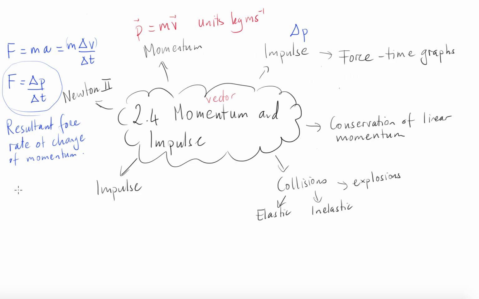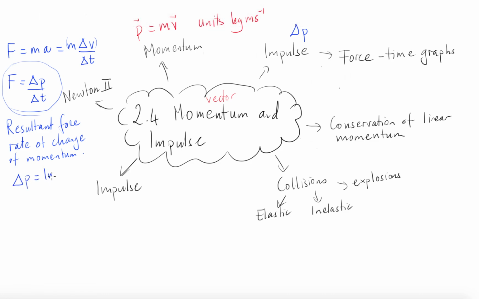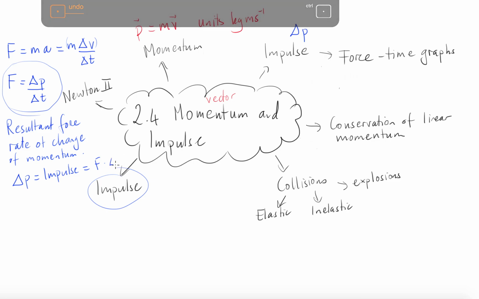Now, if we multiply up by delta t, we get that the change in momentum, which is equal to the impulse, is equal to the force times the change in time, delta t.